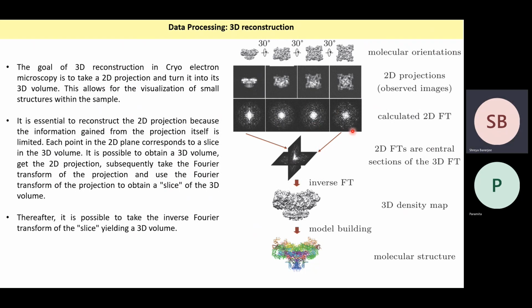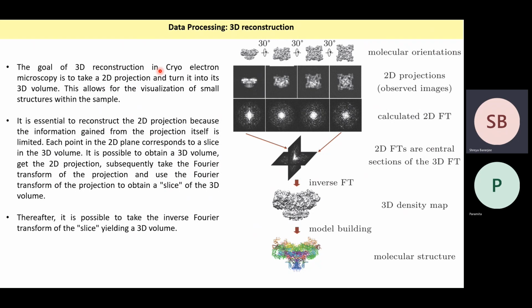If you carry out a Fourier transformation on the 2D projection, you will get, like, two slices passing vertically and horizontally through the 3D structure. So Fourier transformation of the 2D image will give you the image of the slice of this protein vertically and horizontally. Then if you take the inverse Fourier transformation on the slices, you will get the net 3D structure.